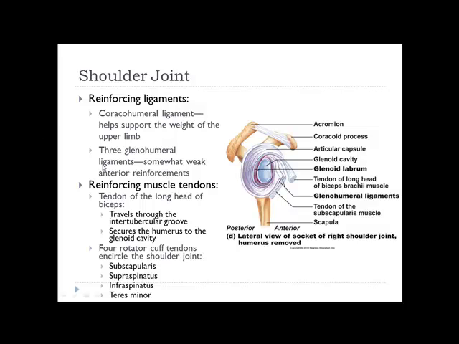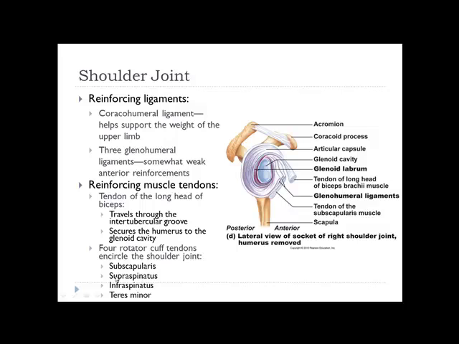There are going to be some glenohumeral ligaments, and those are going to go across the front of your shoulder, and those will help protect it if somebody was to try to push your shoulder forward or push you from behind. We also have reinforcing muscles, our rotator cuff muscles, which are the important ones. The way I remember them is SITS.